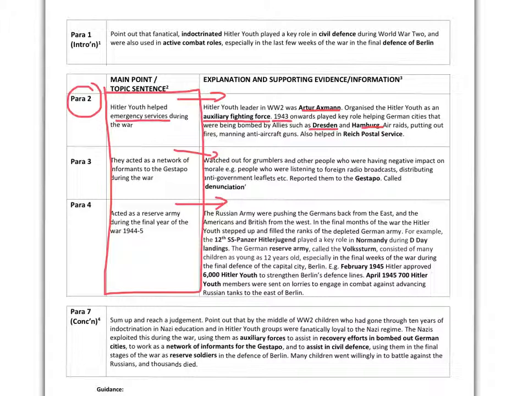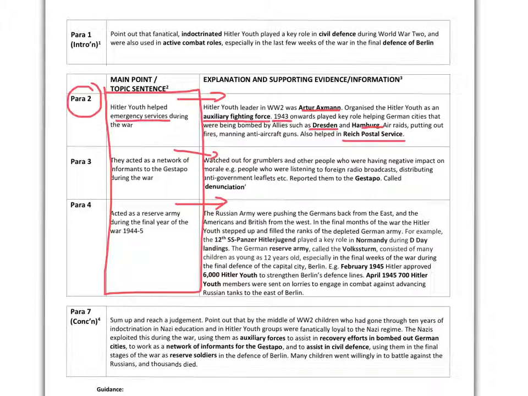So the role of the German youth, how they contributed, was they put out fires, they manned the anti-aircraft guns, they also helped in the Reich Postal Service, the German Postal Service. So again, those little details will really help score you marks. So that will be one paragraph.